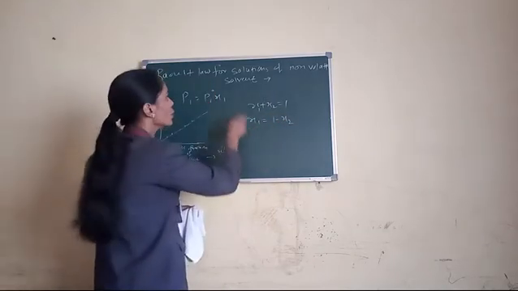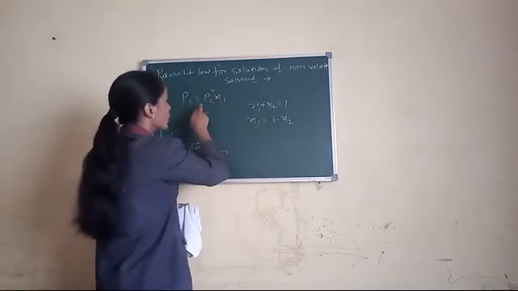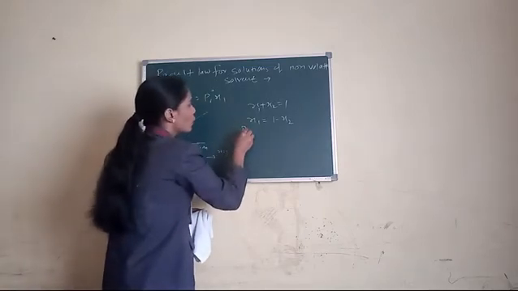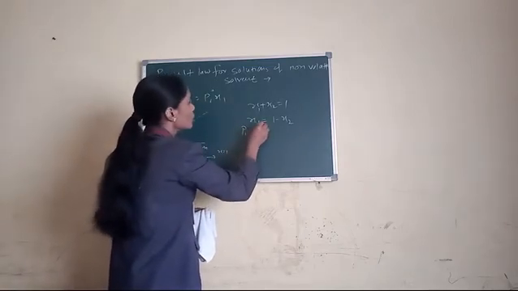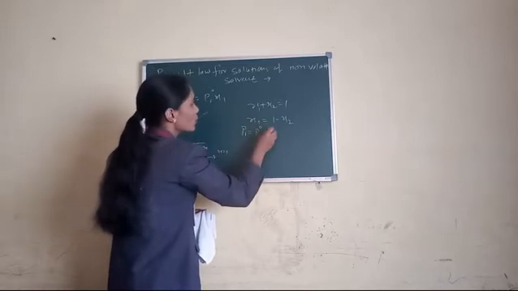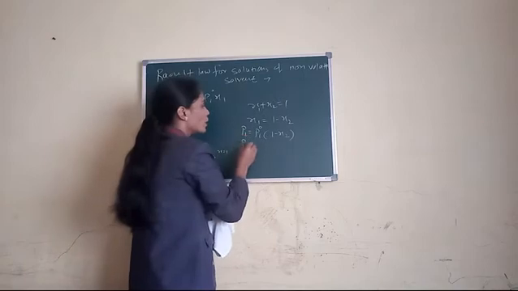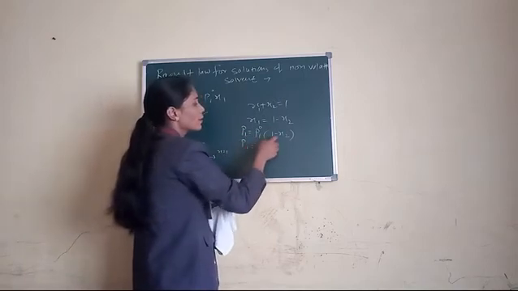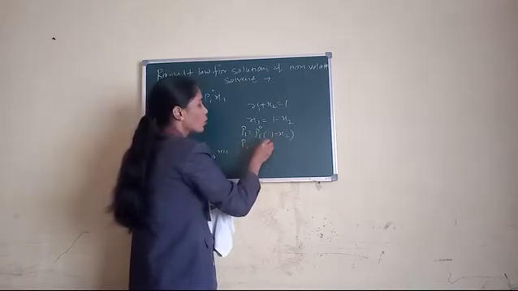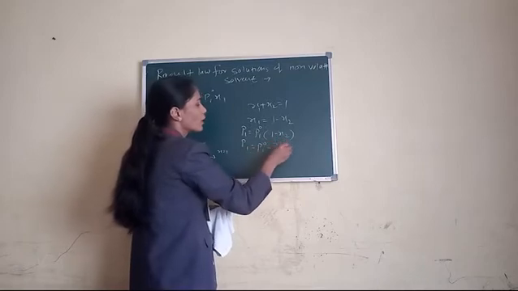Put this value in the equation of P1. P1 is equal to P1 naught times (1 minus X2), which gives P1 naught minus P1 naught X2.